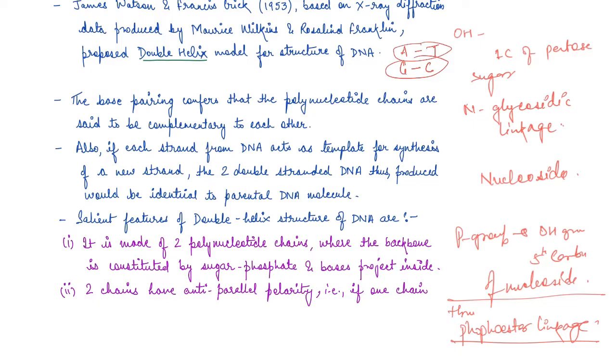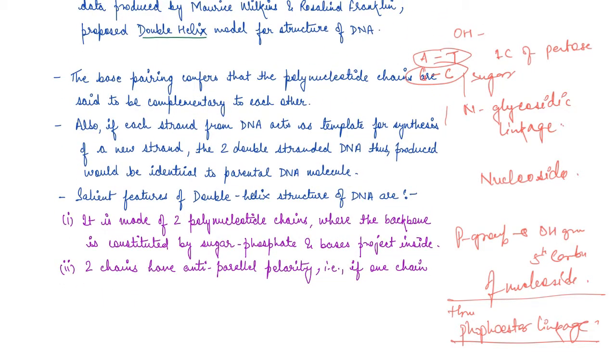If each strand of a DNA acts as a template for synthesis of a new strand, the two double-stranded DNA molecules produced would be identical to the parental DNA molecule. Because of this, the genetic implication of the structure of DNA became very clear, since the new strands formed will also be complementary and identical to the parent DNA.